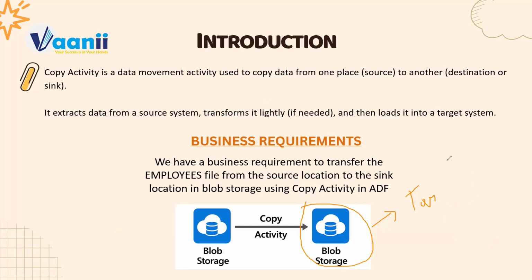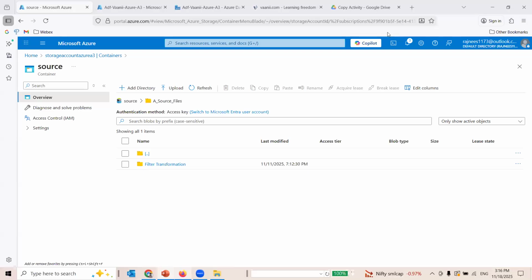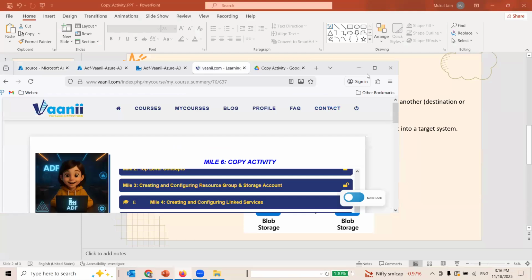First we have to understand the steps. What are the steps we need to follow? We have a few steps. First, we need to create the source file. If we don't have a source file, just go to our drive. First, you have to go to the Vani portal. We have a learning portal, Vani.